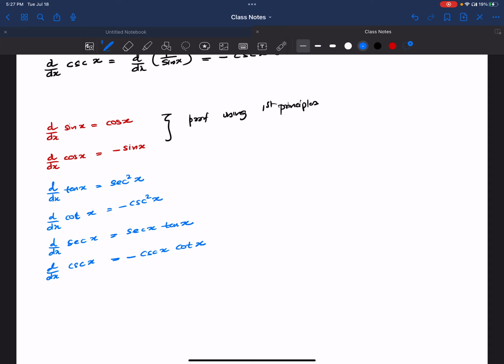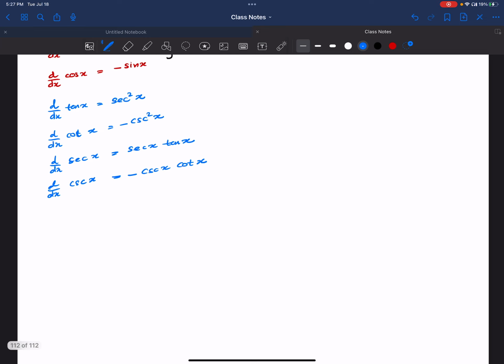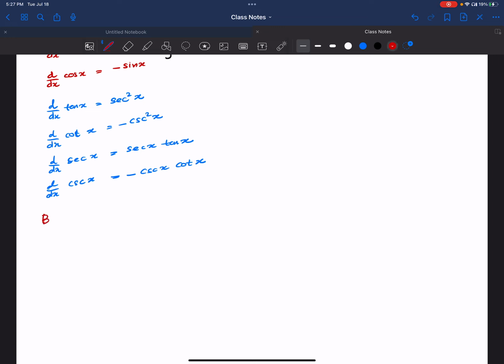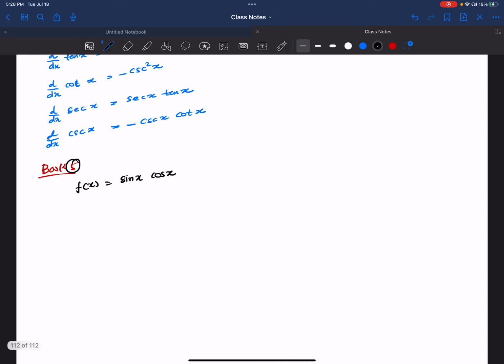So let's solve 5 from the book. Question 5. f of x is equal to sine x times cosine x.